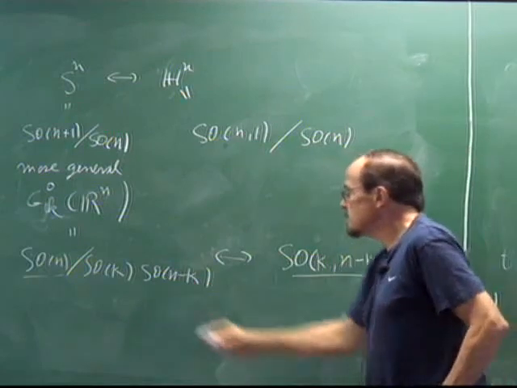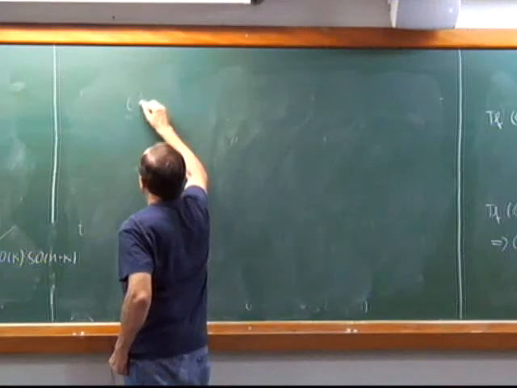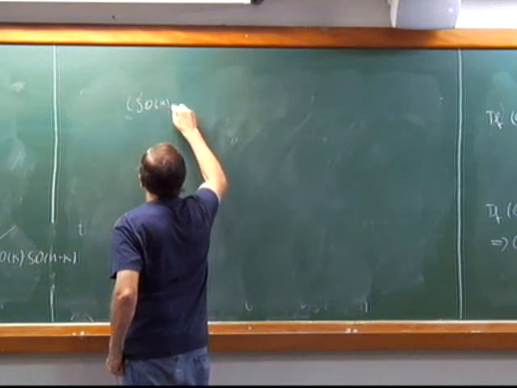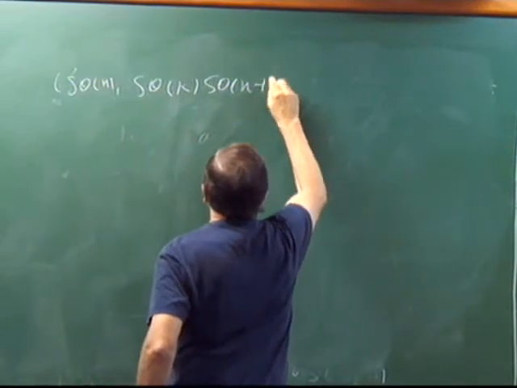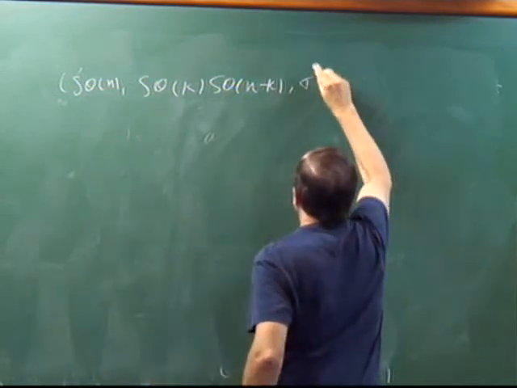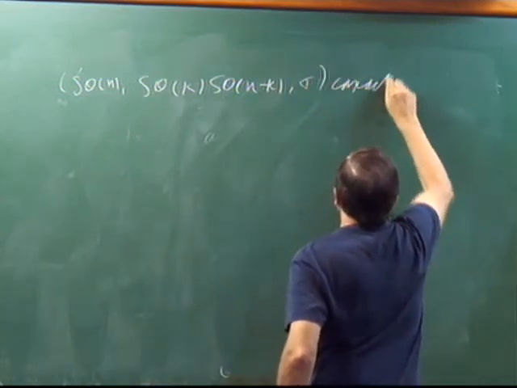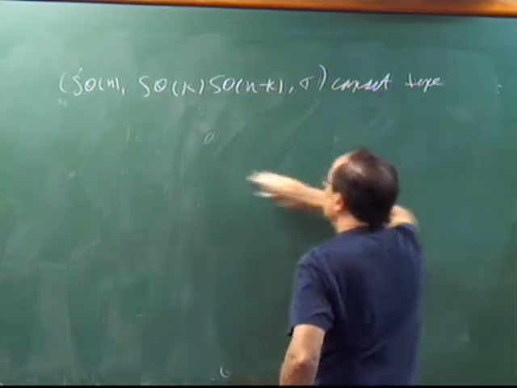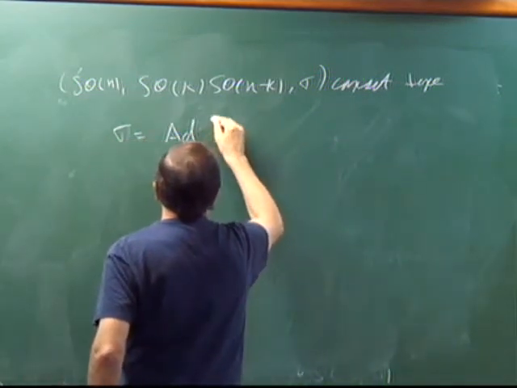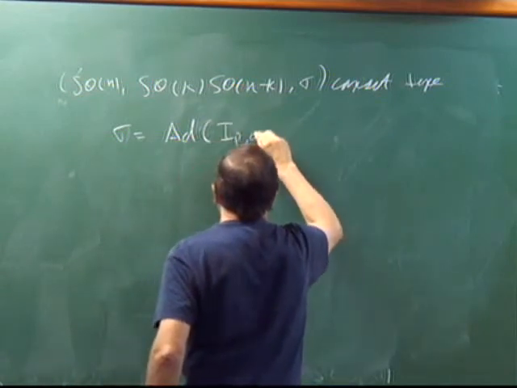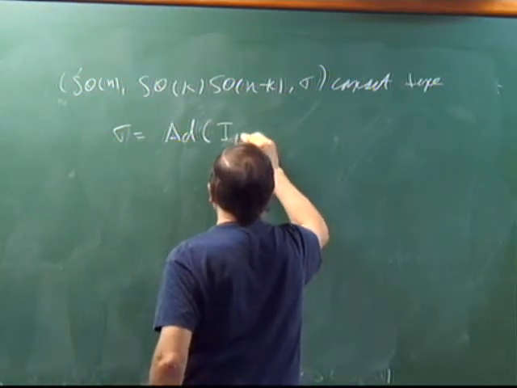So let's start with a compact pair. This is a compact type, and sigma was conjugation by what we called I_{k, n-k}.